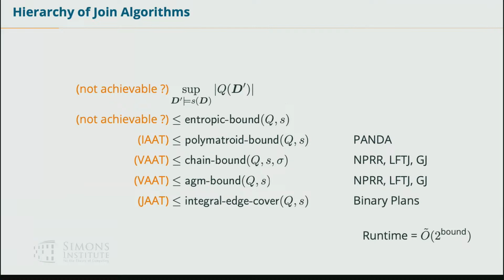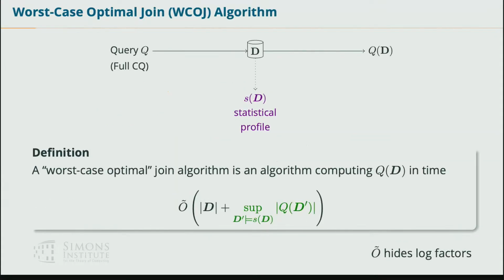All right, so remember that we had this hierarchy of bounds. I didn't describe some of the other bounds, but effectively what is going to happen is the following. We have algorithms that meet some of these bounds. So for example, we didn't really know how to compute this quantity, because it's the entropic bound, and it's maybe too hard to compute.